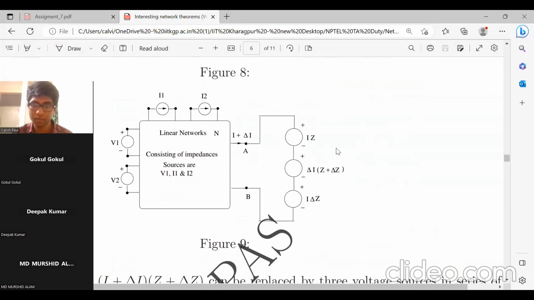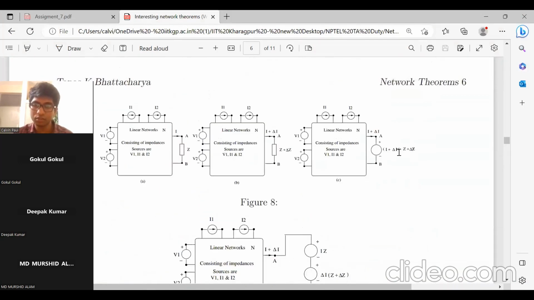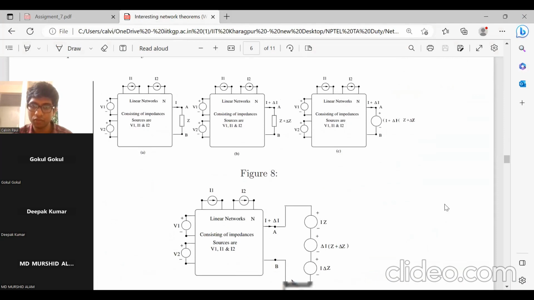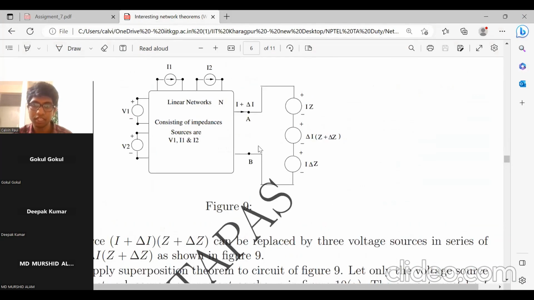What they have done is this voltage source, now they have written in the form of three other voltage sources. The current is I plus delta I. This is one voltage source IZ, another voltage source delta I into Z plus delta Z, and another voltage source plus minus I into delta Z. So till here, is there any confusion?